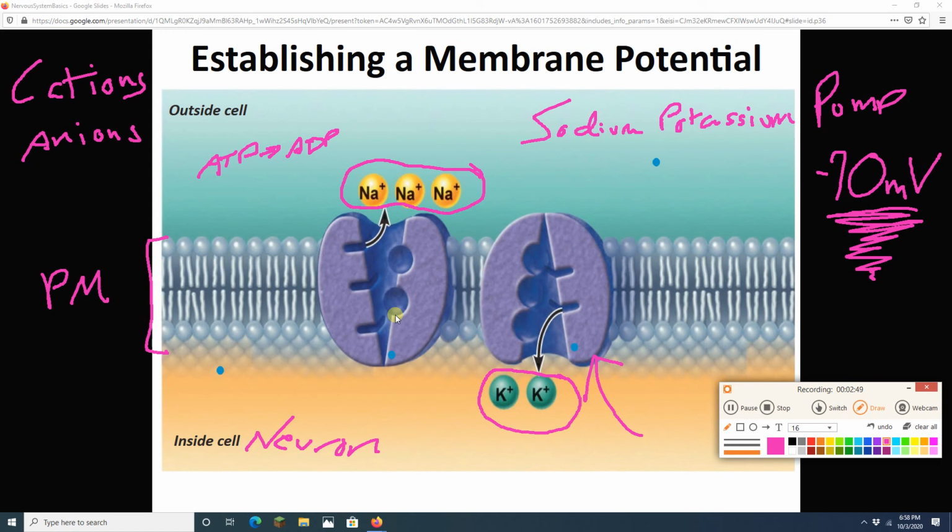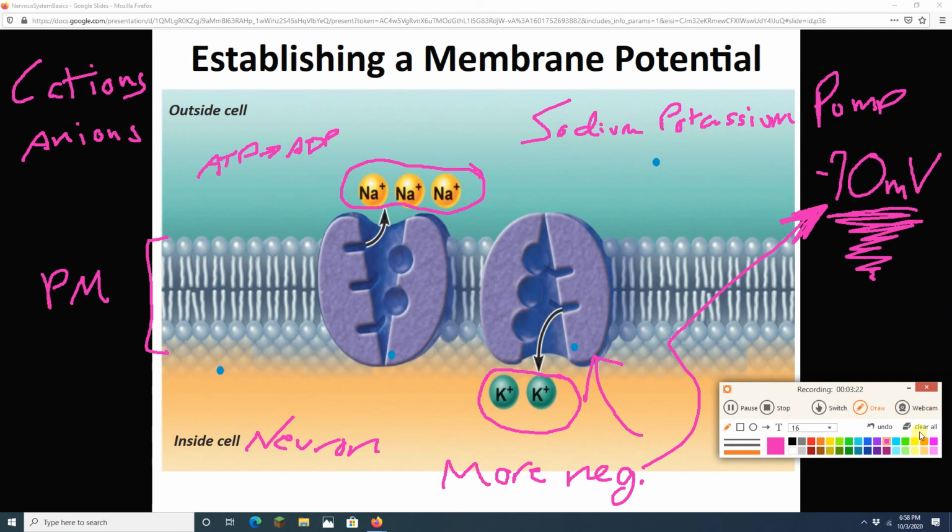This is a fundamental imbalance here. This makes the cell more negative on the interior. The interior is getting more negative. And it is bringing the interior of the cell close to that value of negative 70 millivolts. Okay, the sodium potassium pump is one of the players in the generation of our resting membrane potential.